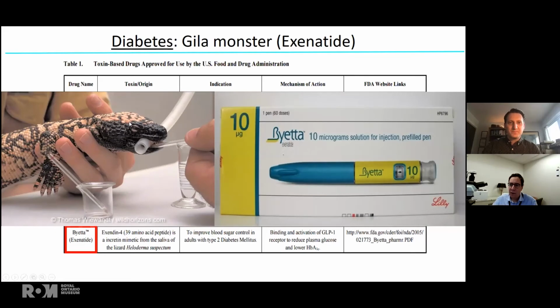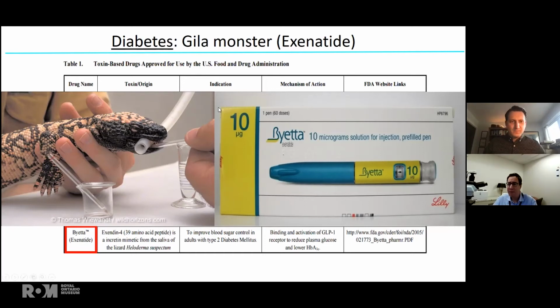And this molecule helps to control the sugar in the blood of patients with diabetes, and that seems to be an effective way that patients can be treated besides using insulin. Yeah. So these are just the three most illustrative examples of molecules derived from saliva, from exogenous secretion. Yeah, it's very interesting.